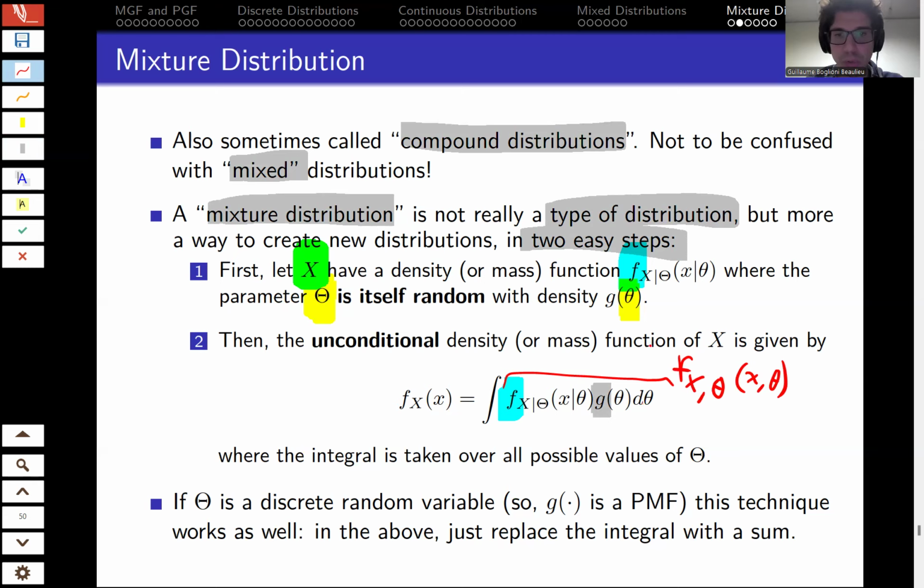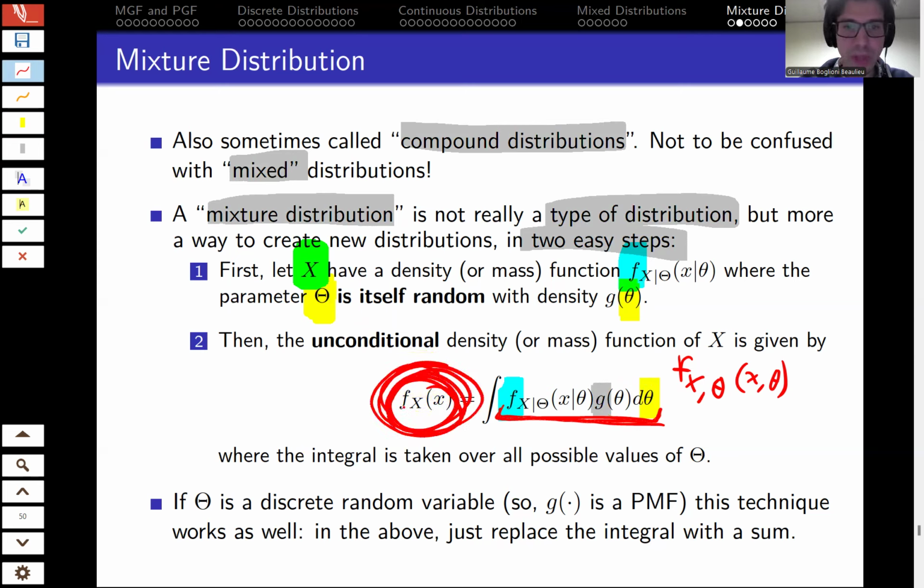I remind you that when you integrate a joint density with respect to a specific variable, here theta, you obtain the unconditional density of the other variable, in this case X. Again, this is a standard result from probability. Integrate the joint with respect to one variable, you get the unconditional density of the other variable.